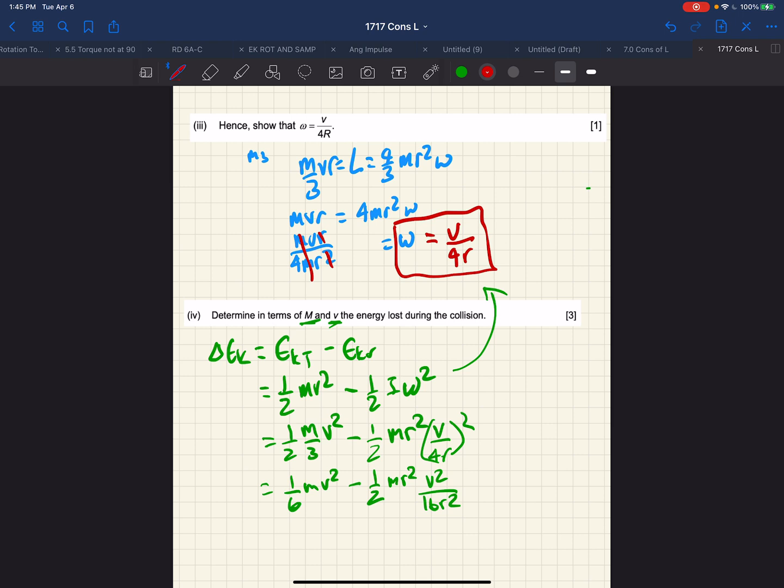We see that these r squareds drop out. And we've got the mass afterward we need to substitute in for. This mass here was m/3, and afterward the entire mass then is 4m/3.